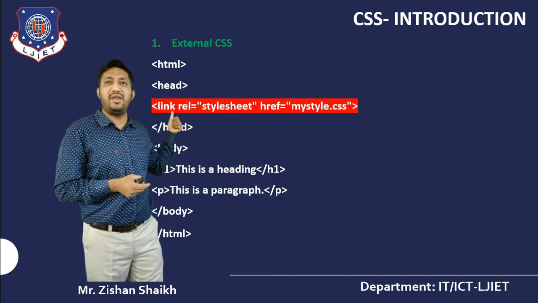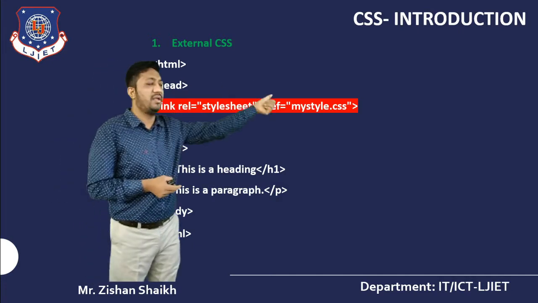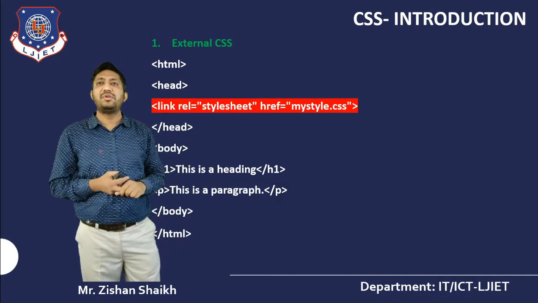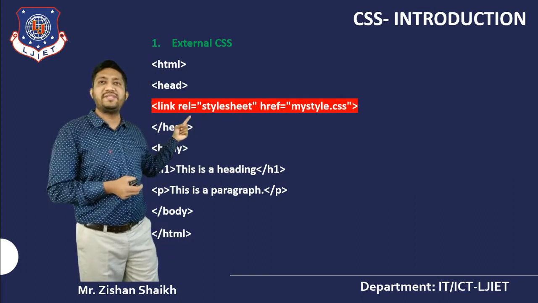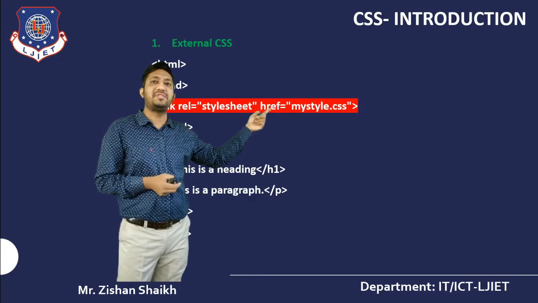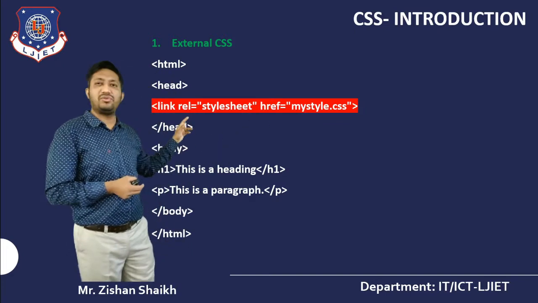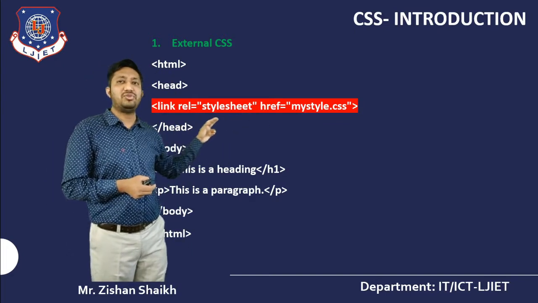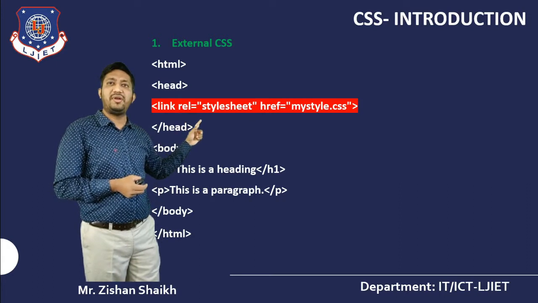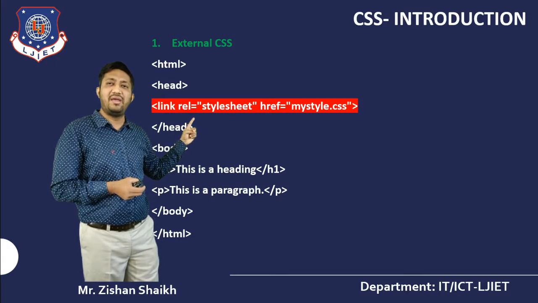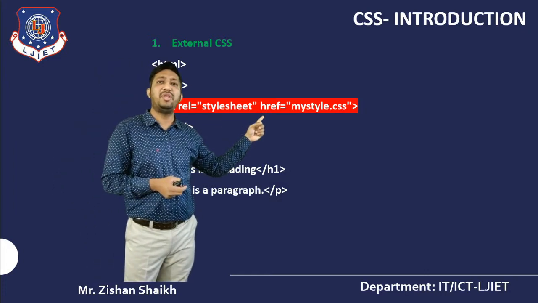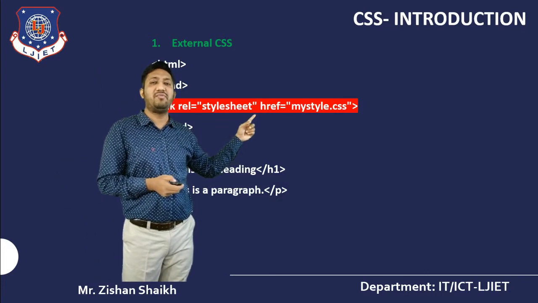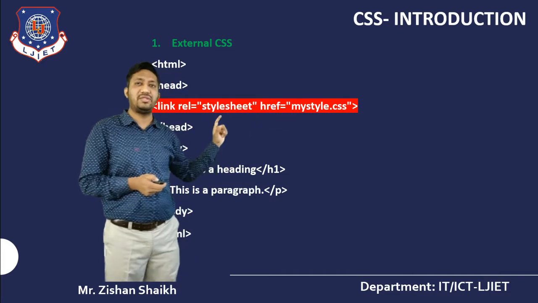So what is the syntax for that? We are using the link tag here, with a starting and ending. In between we have to use some properties. One is rel and the second one is href. The rel is all about the style sheet, so in link we use rel is equal to stylesheet, and href is the path of the CSS file with which we want to make the relation.